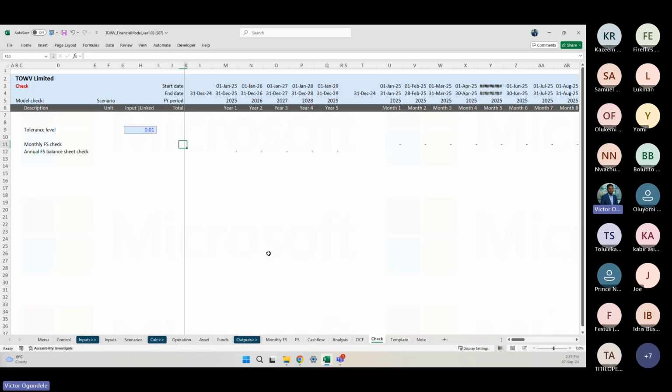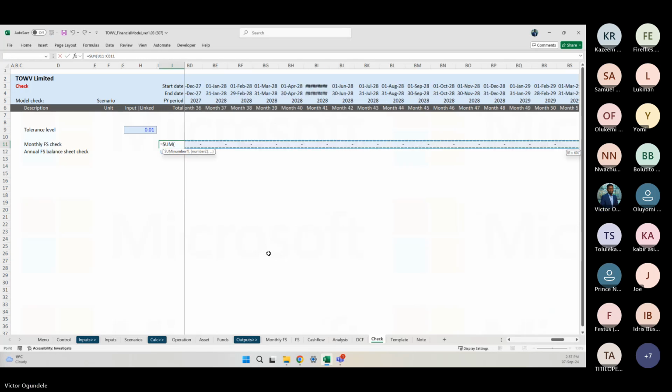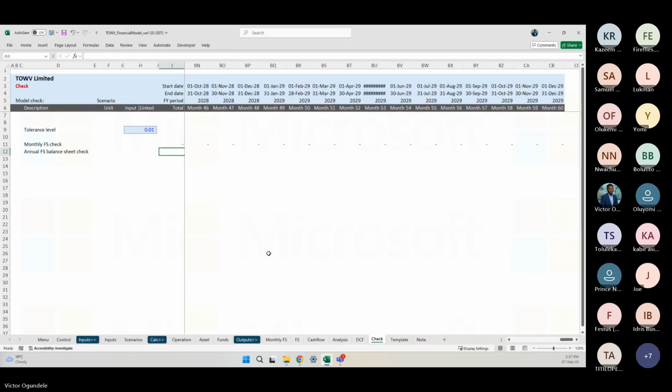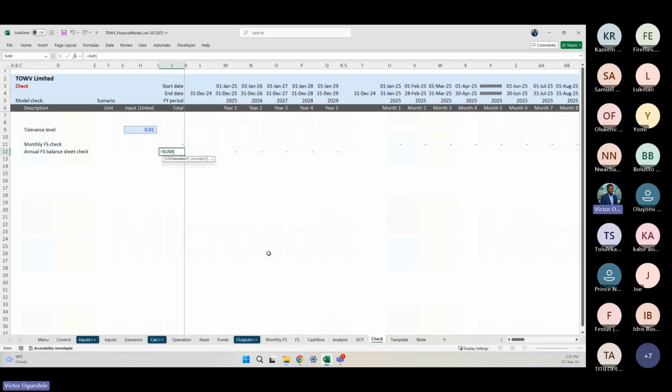And by the total, you just sum everything up under each of them. So maybe let's leave two rows and call this master check.